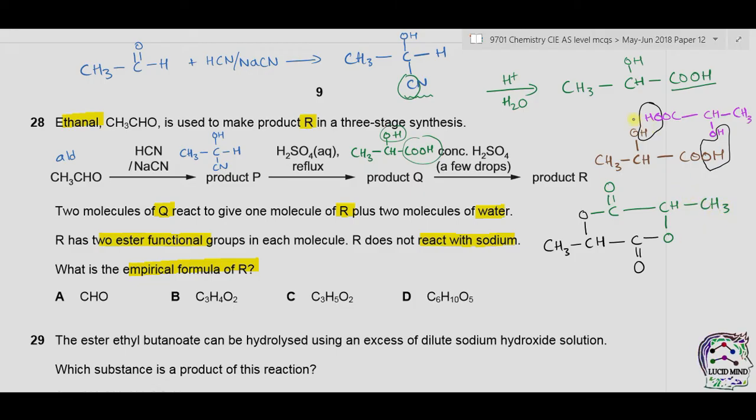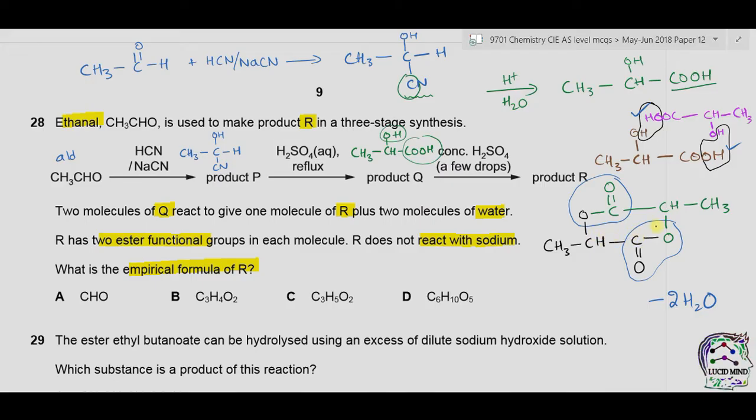Now we can see that two water molecules are formed. One is this, one is this. So minus 2 H2O. And we have two ester functional groups that are formed. One is this ester, second is this ester. This is product R, and product R does not react with sodium as there is no carboxylic acid functional group and no alcohol functional group present.